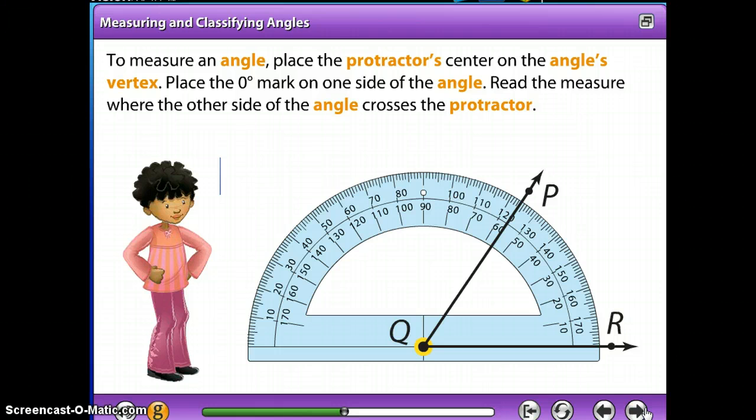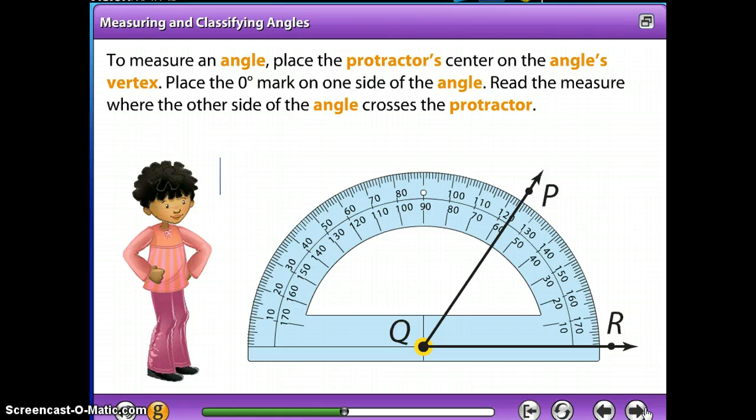You're going to look at this ray of your angle that's going up, and you're going to see where it crosses the protractor. Now here is where a lot of confusion is. There are two numbers. Do you see that it says about 56 or, no, I'm sorry, 64.